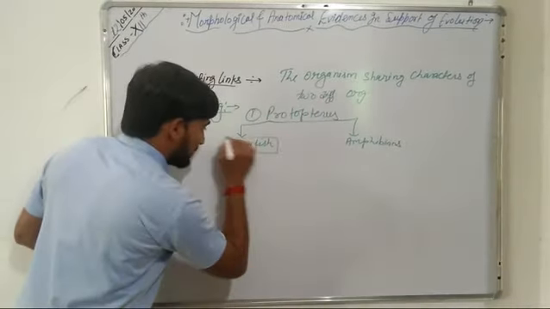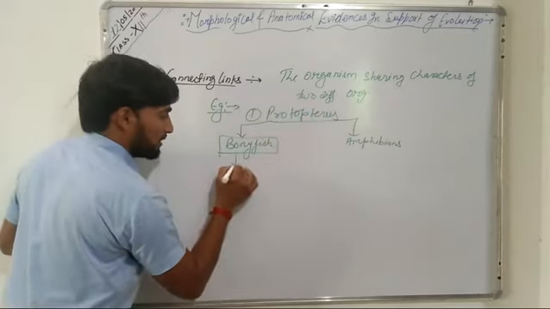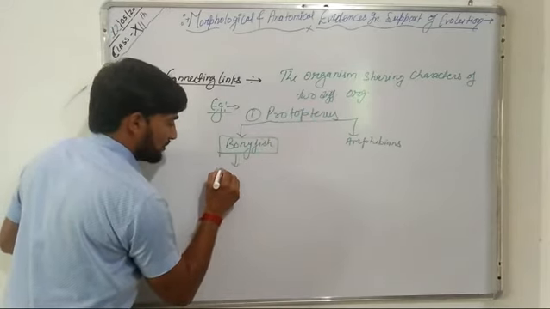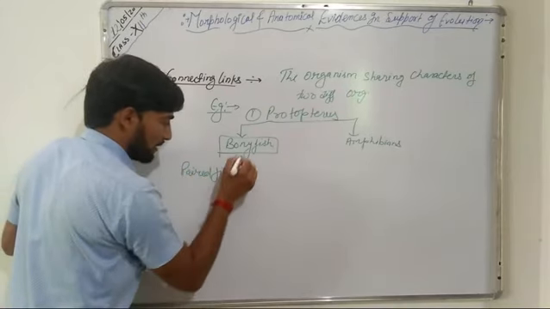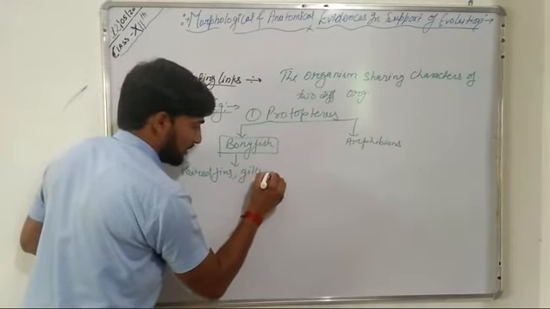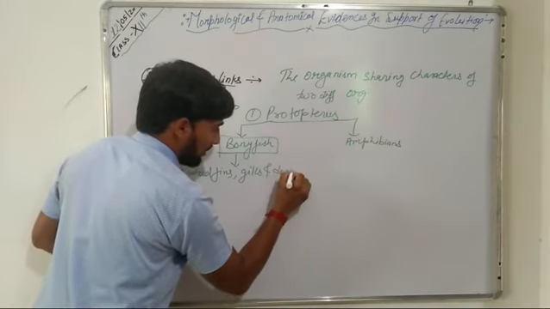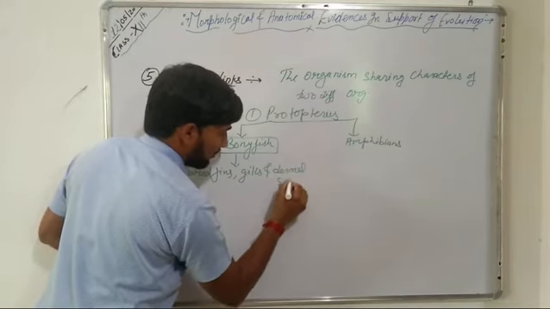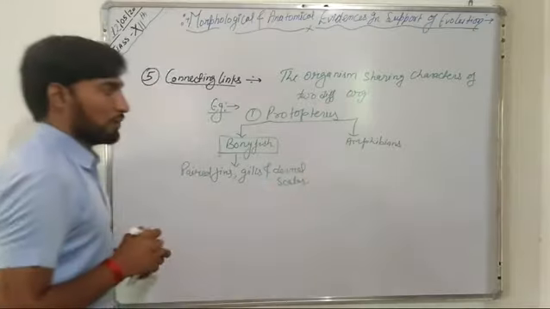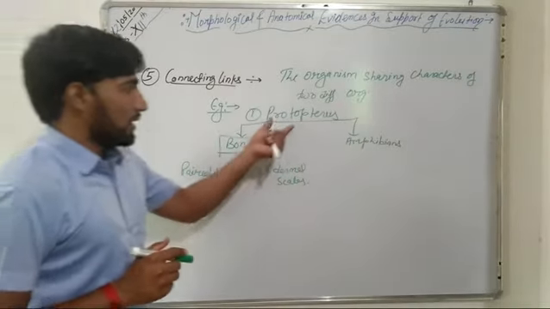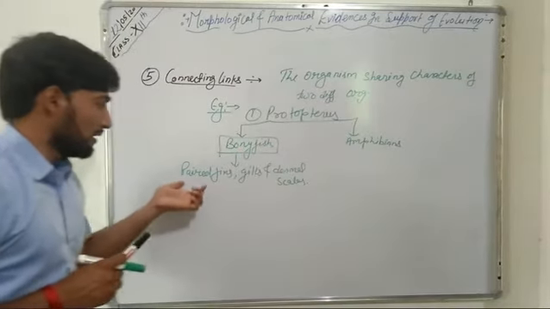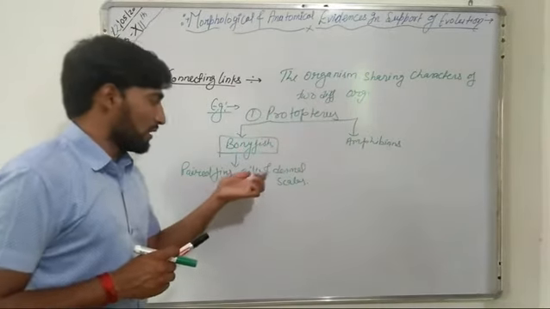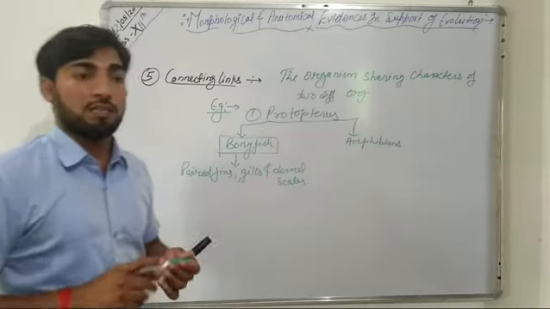Like fishes, this Protopterus contains paired fins, it contains gills and dermal scales on its body. Which characteristics of fishes does it contain? It contains the paired fins, the gills and dermal scales on the body.